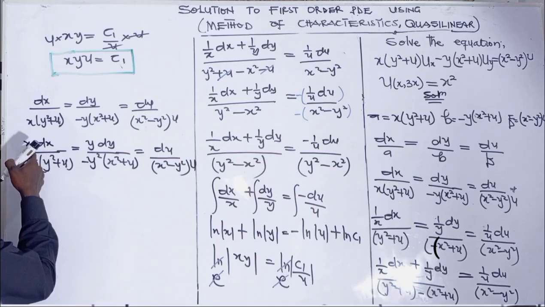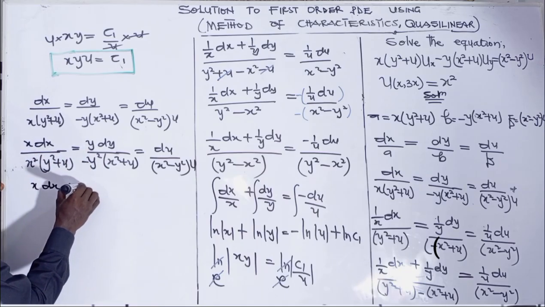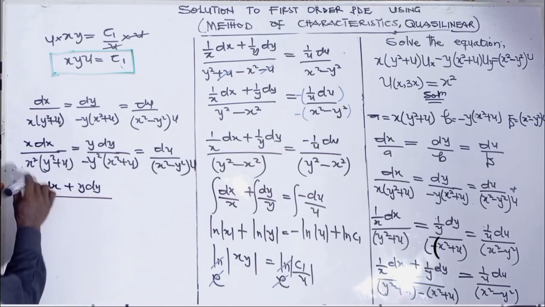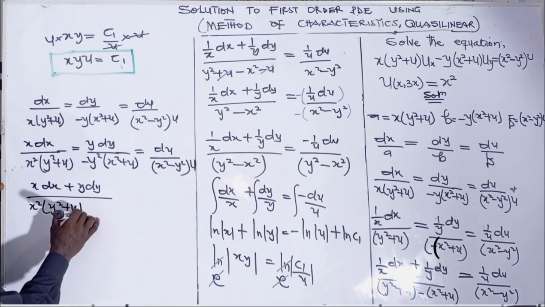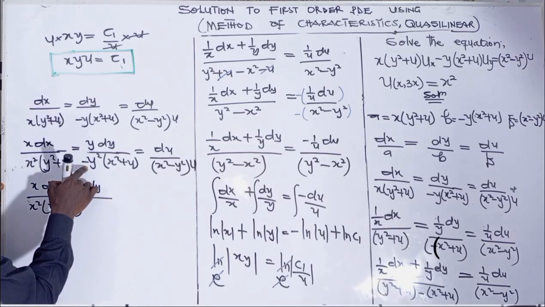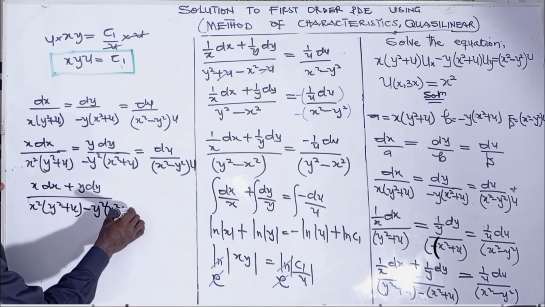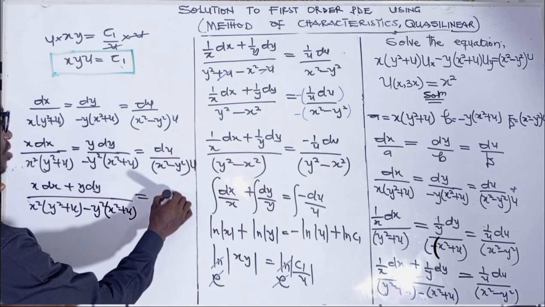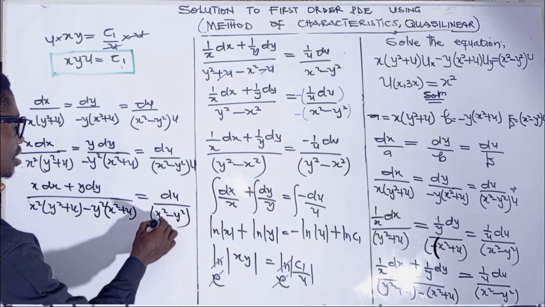So we have x dx plus y dy all over s squared y squared plus u, and then since plus will be overshadowed by the minus, we have minus y squared, then we have s squared plus u, and this is equal to the third fraction, which is du all over s squared minus y squared u.